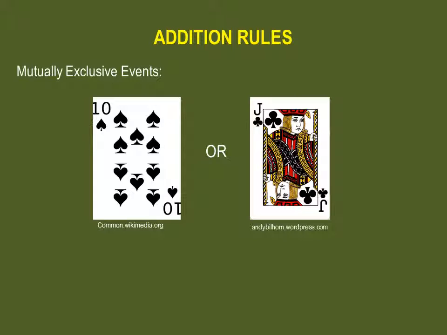Let's go back to our mutually exclusive example where I ask you the probabilities of picking a 10 or a jack. Again, here's the equation for calculating the probabilities of mutually exclusive events. Now, event A, which is picking a 10, has a 4 out of 52 chance of occurring, whereas event B, picking a jack, also has a 4 out of 52 chance of occurring.